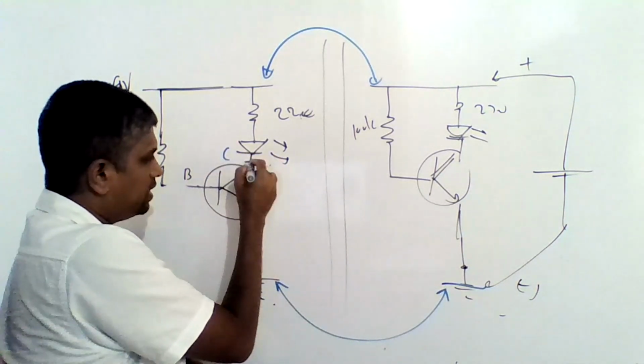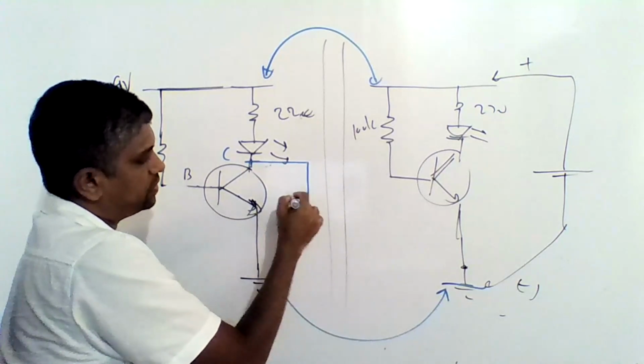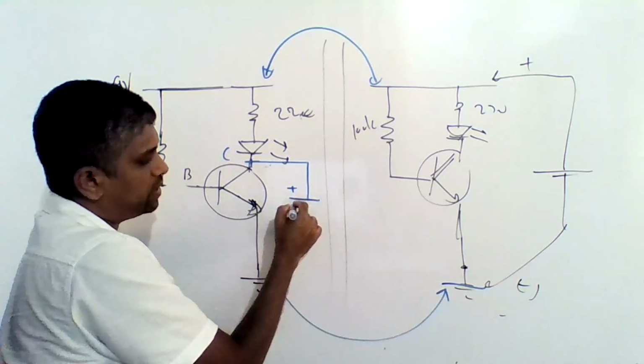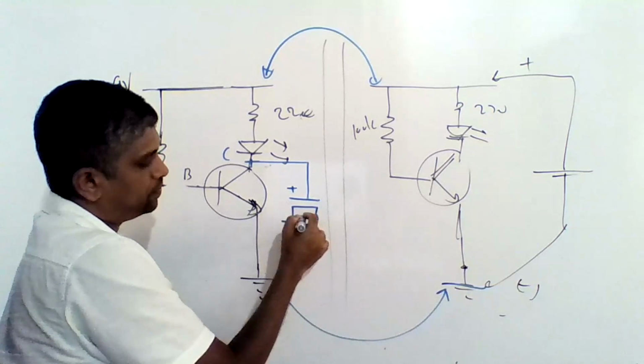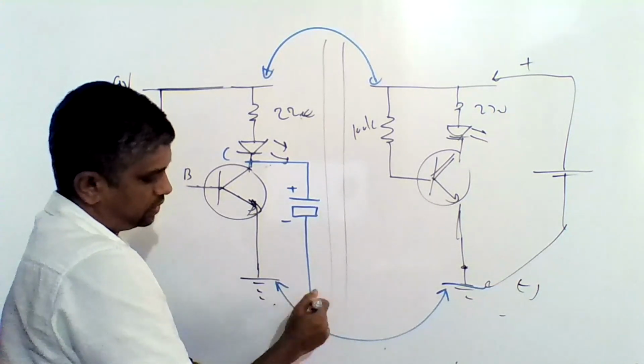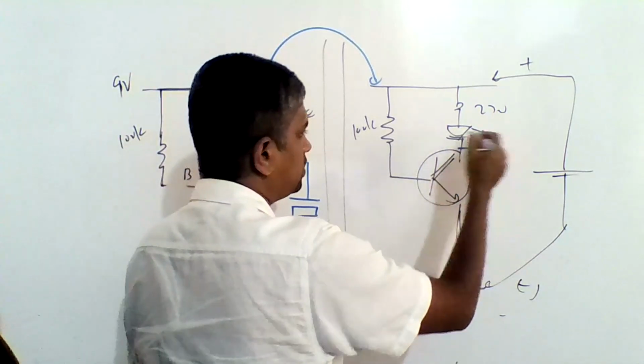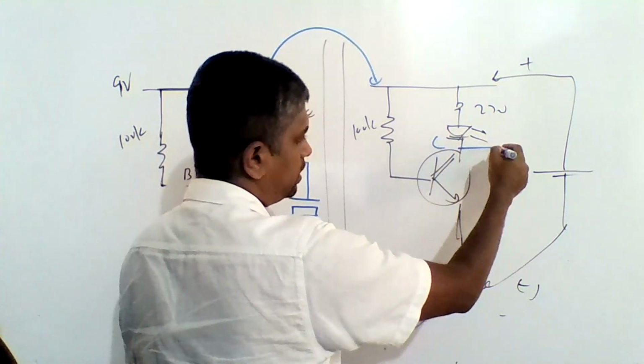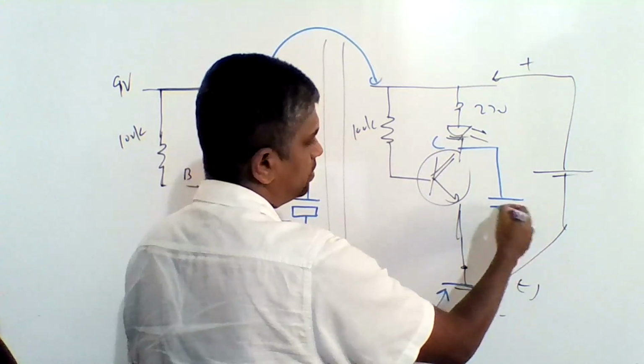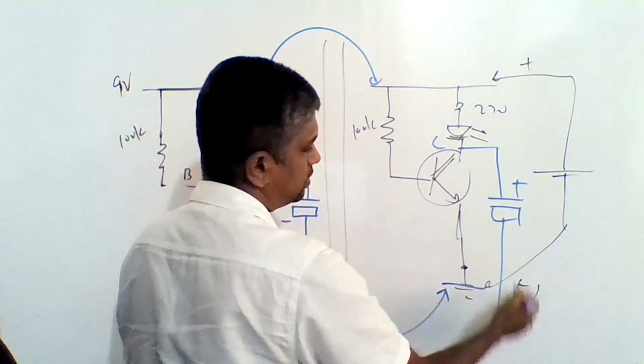For the collector terminal, you have to connect a capacitor, the positive terminal of the capacitor, right? For this one also, this is a collector terminal. You have to connect the positive terminal of a capacitor.